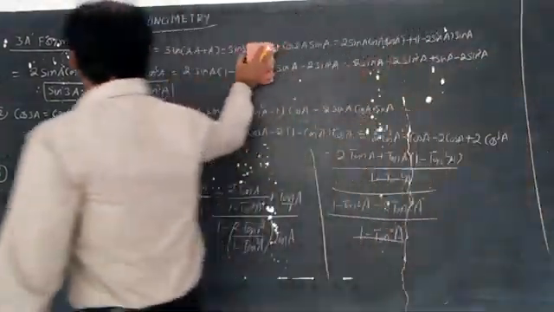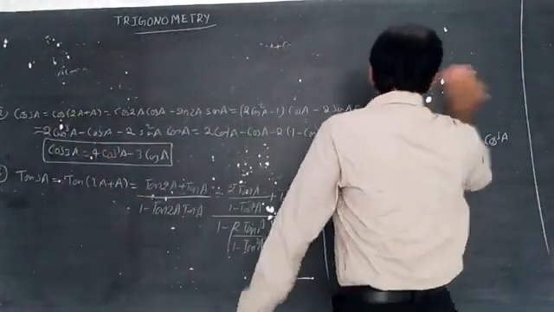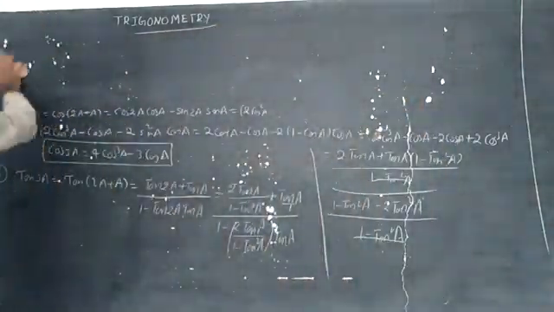So 2 tan A plus tan A into 1 minus tan square A is there.